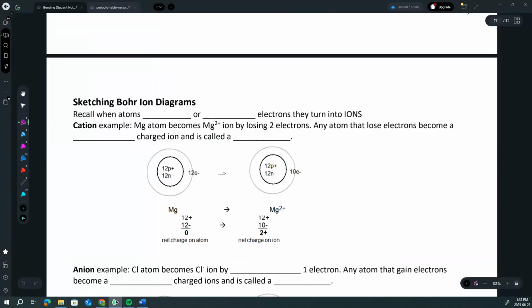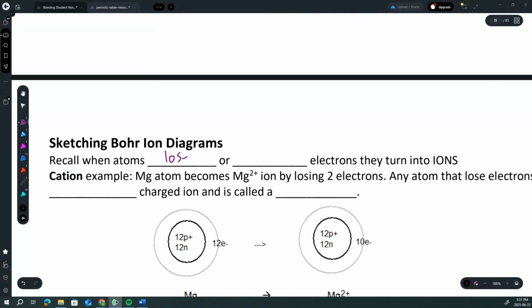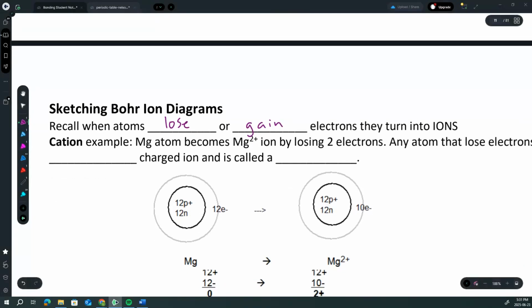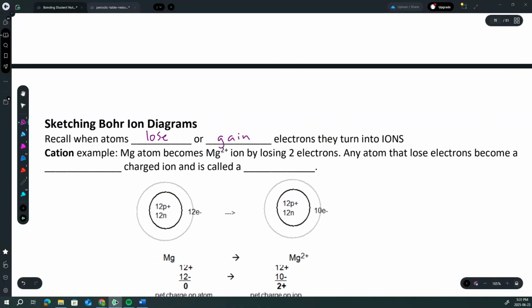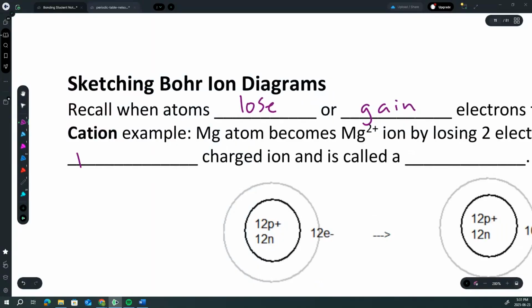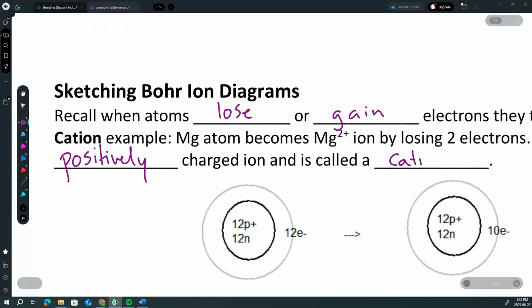So for sketching Bohr ion diagrams, remember that when atoms lose or gain electrons, they turn into ions. So a cation example, magnesium atom becomes magnesium 2+ ion by losing 2 electrons. Any atom that loses electrons becomes positively charged and is called a cation.